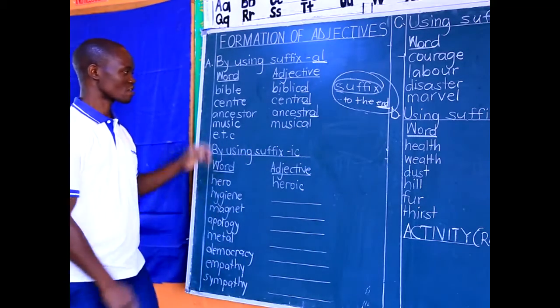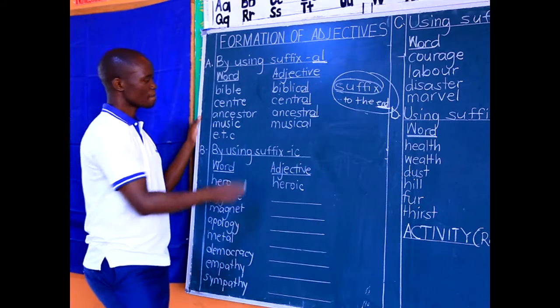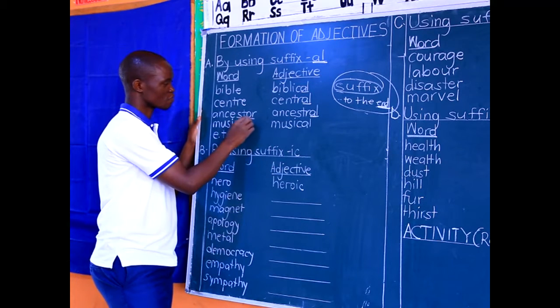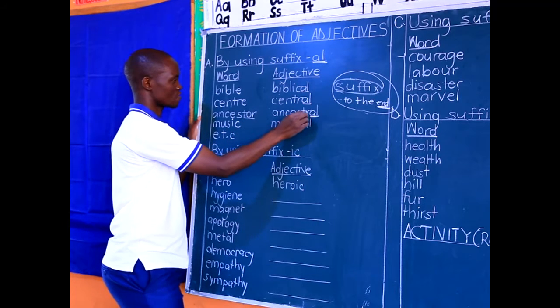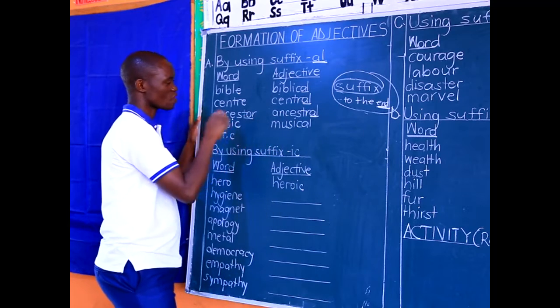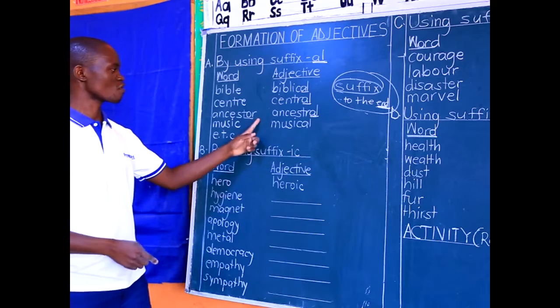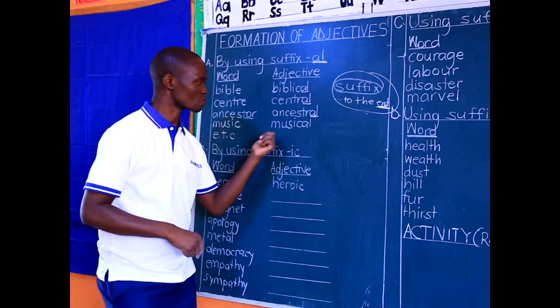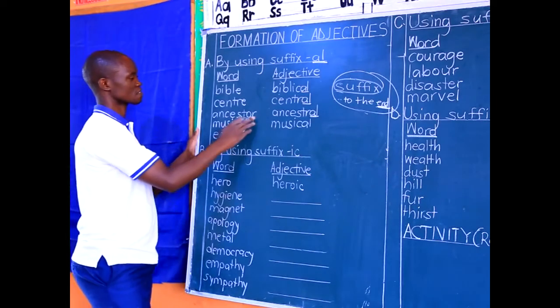So ancestral is the adjective from ancestor. Mark the spelling change from OR to RAL. Before you add the suffix, you have to remove the O. We do not form ancestoral, but we form ancestral as our adjective from ancestor.